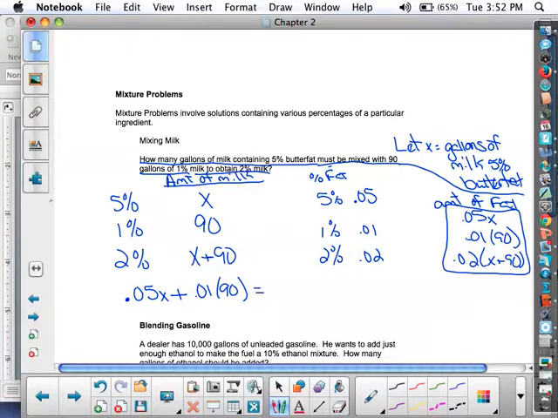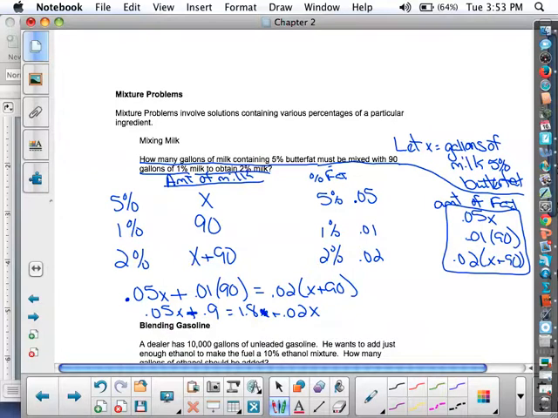And when I'm finished, I will have x plus 90 gallons of 2% butterfat milk. So this becomes 0.05x plus 0.9 equals 0.02 times (x plus 90). Oh, that x isn't there. It's here.